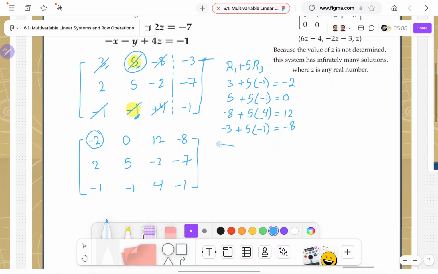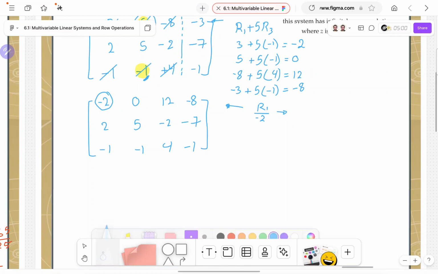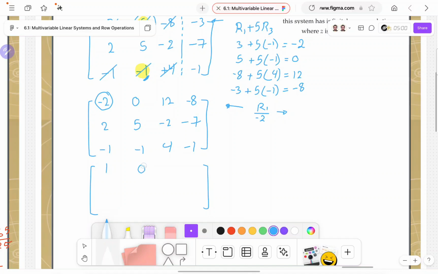So if I divide the whole row 1 by negative 2, let's do it and see what we will get. Let's write the new matrix. After I divide, this one will become 1, this becomes 0.